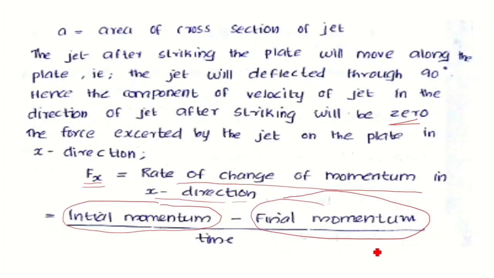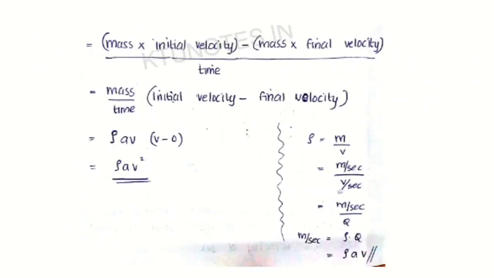Momentum is mass into velocity, and momentum divided by time gives the rate of change of momentum, that is, initial momentum minus final momentum divided by time, which is the force exerted by the fluid on the vertical plate. So m into v is the momentum, so mass into initial velocity is the initial momentum, mass into final velocity is the final momentum, divided by time.